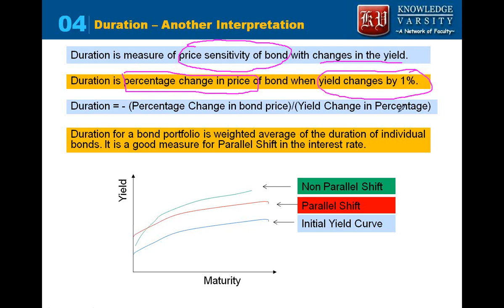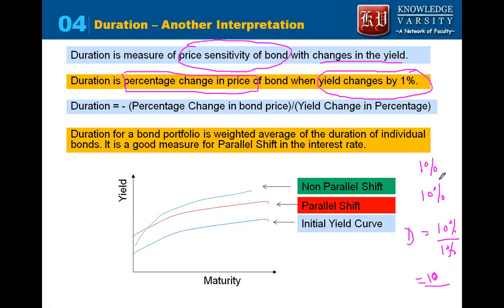So if the yield has changed by 1% and the bond price has changed by 10%, people will say that duration is equal to 10% by 1%, or the duration will be equal to 10.